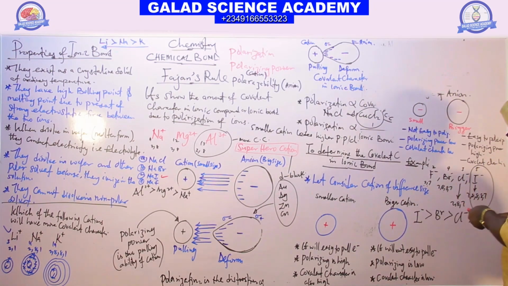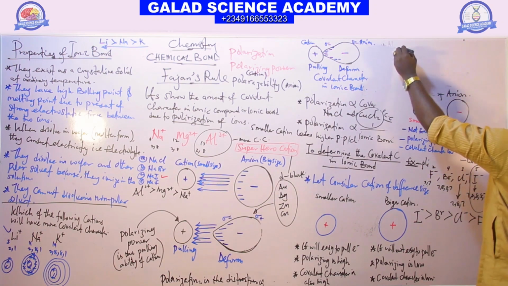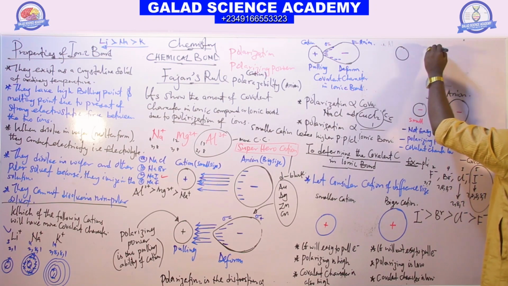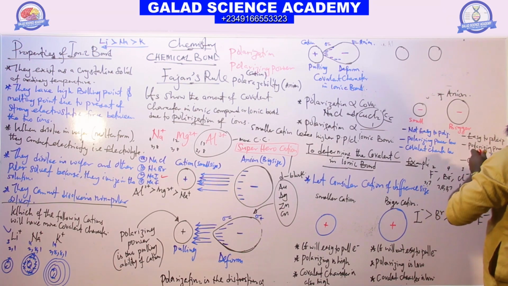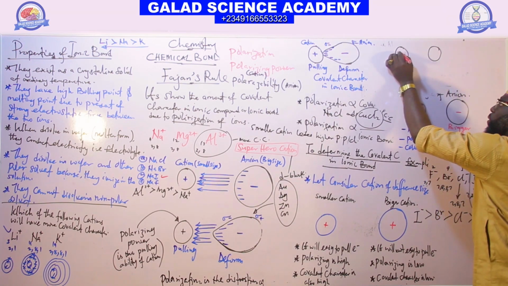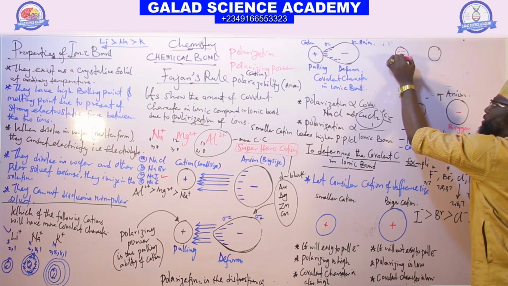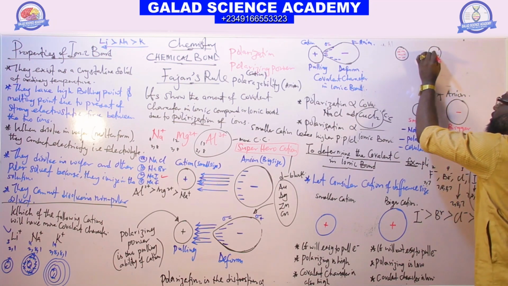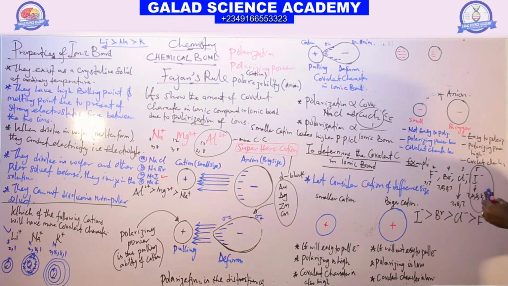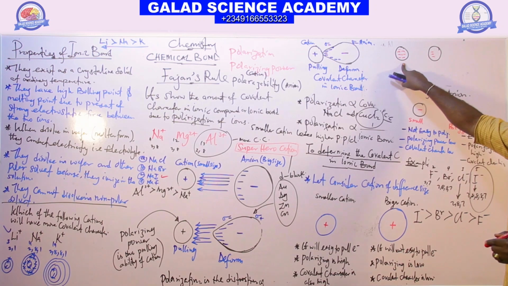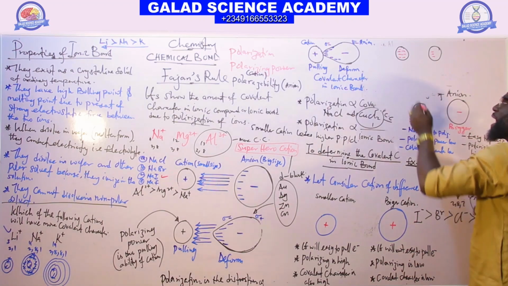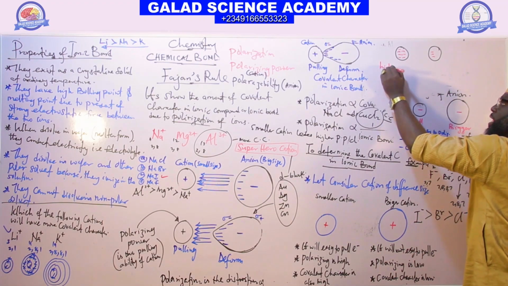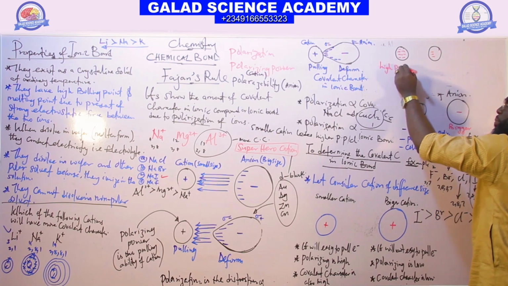If you have anions of the same size, and this one has 5 charges, this one has just 3 charges. So the one that has the highest number of negative charge will experience high polarizing power.